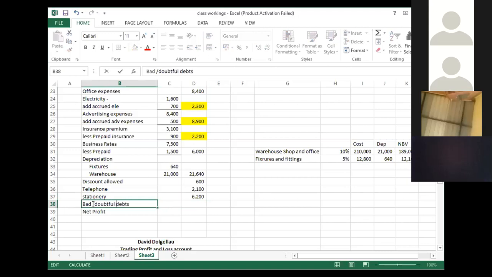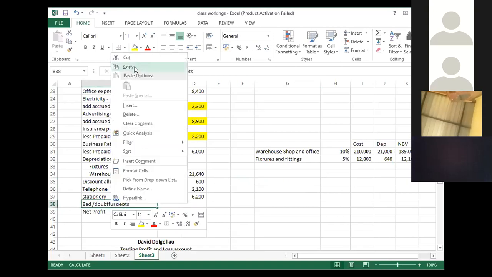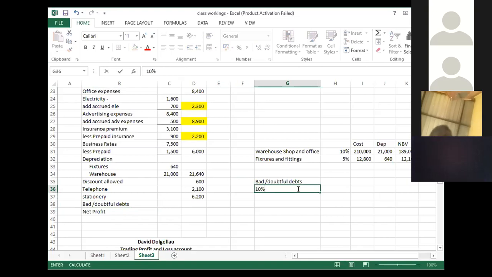If you remember what I said concerning bad and doubtful debts, where do we subtract them from? Yes, from debtors. And therefore, bad and doubtful debts will be 10% multiplied by debtors.